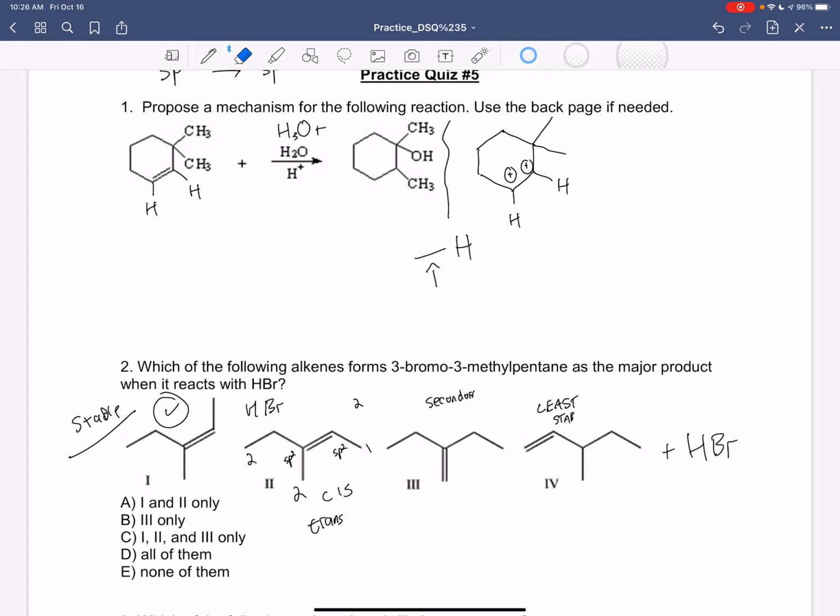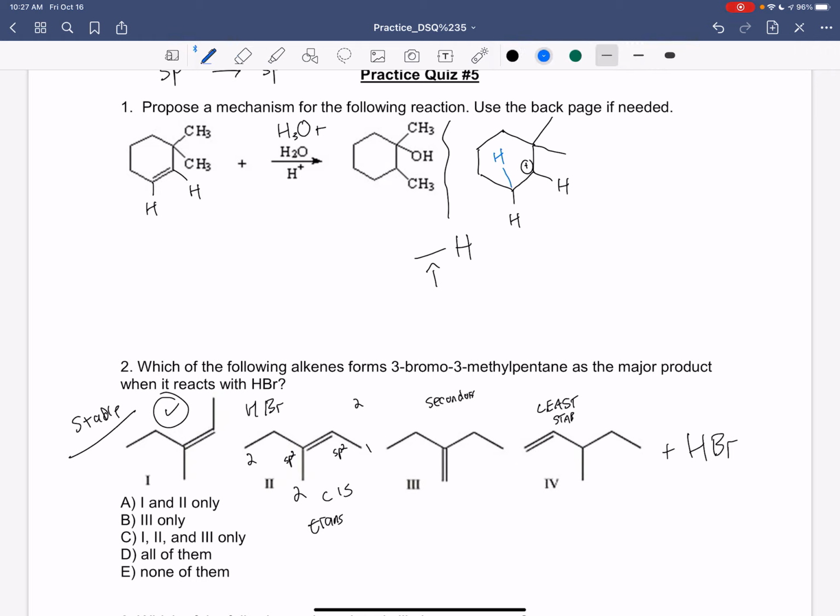So we need to look at the closest place to all of those methyl groups. That's going to be the best place to put the positive charge. That is why we keep the positive charge there and introduce our new hydrogen here. And that gives us an sp2, which is already one of our final products.